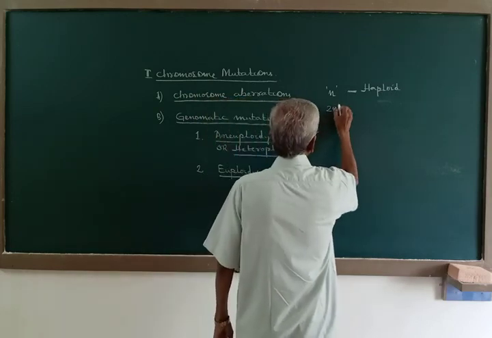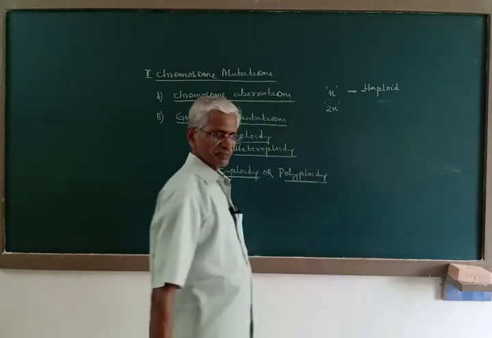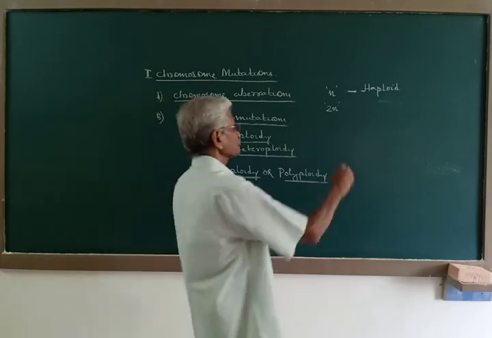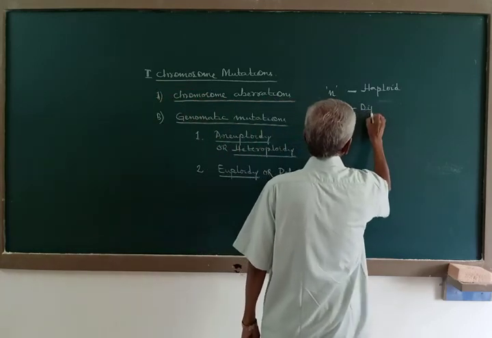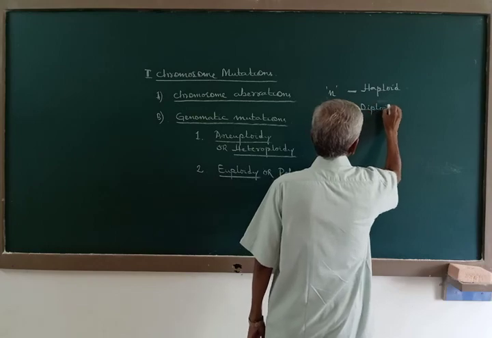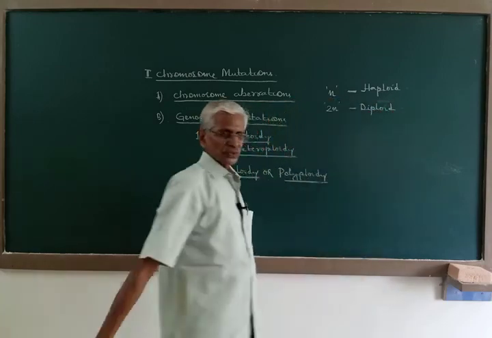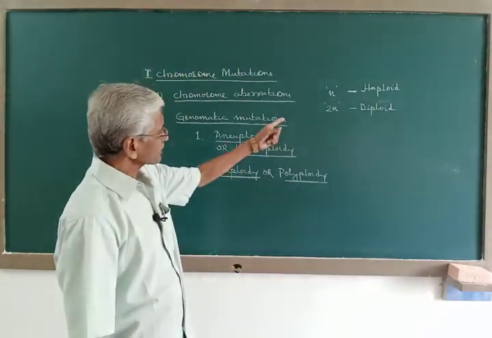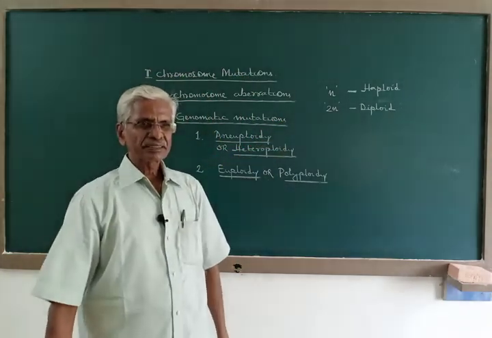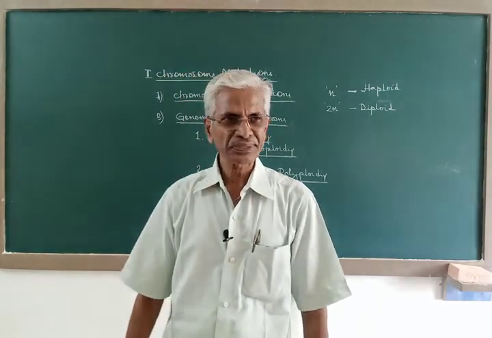If there are two sets of chromosomes, 2n, this is called diploid. Individuals, organisms, are diploid. They have two sets of chromosomes.